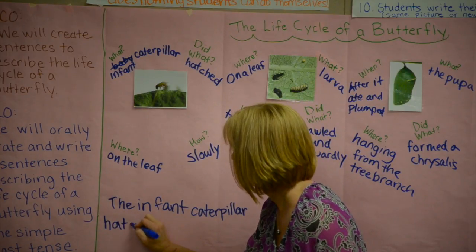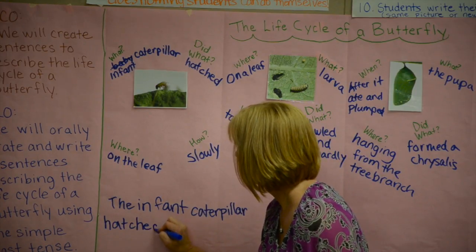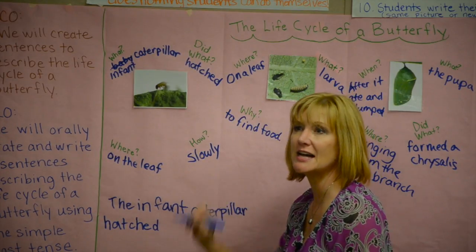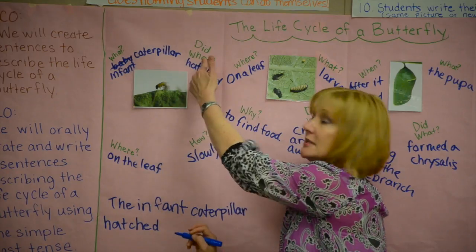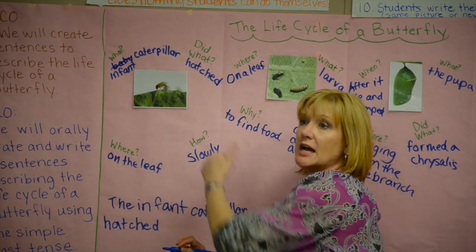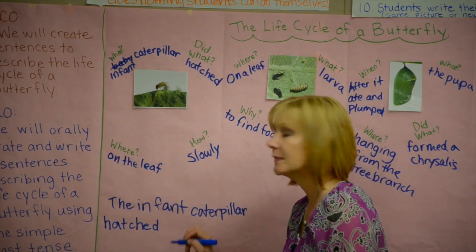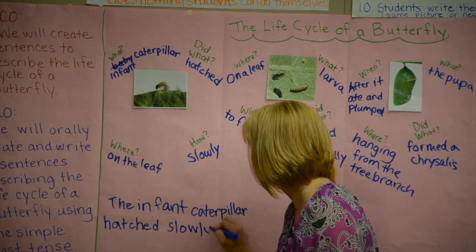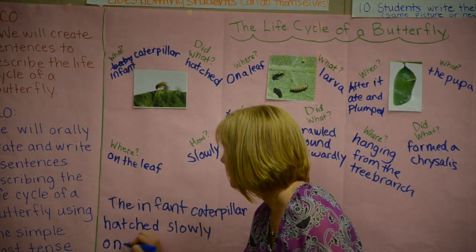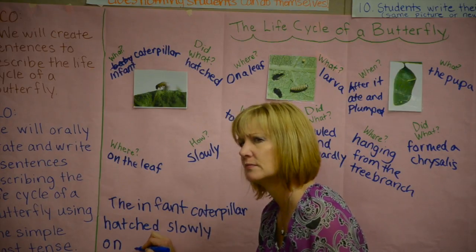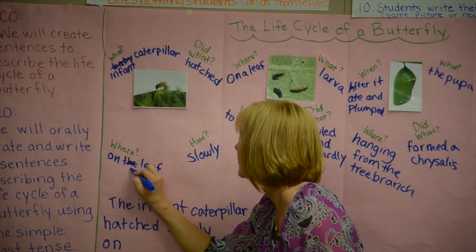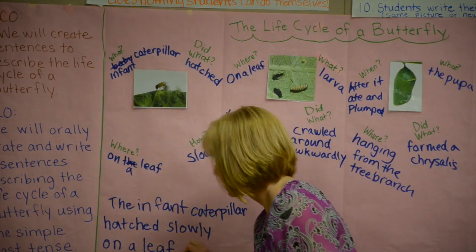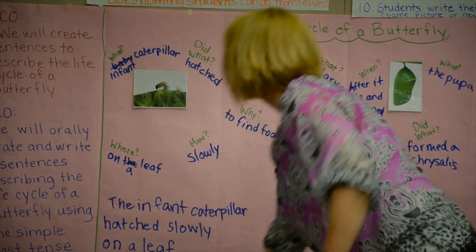Hatched. Well, I have the how after, so I'm going to say hatched slowly. If I had flipped it and put the how up here, then it would have been slowly hatched. Yeah. Hatched slowly where? On the leaf. Do we want to say the leaf or a leaf? A leaf, right? Because we haven't referred to the leaf yet. On a leaf. Okay?